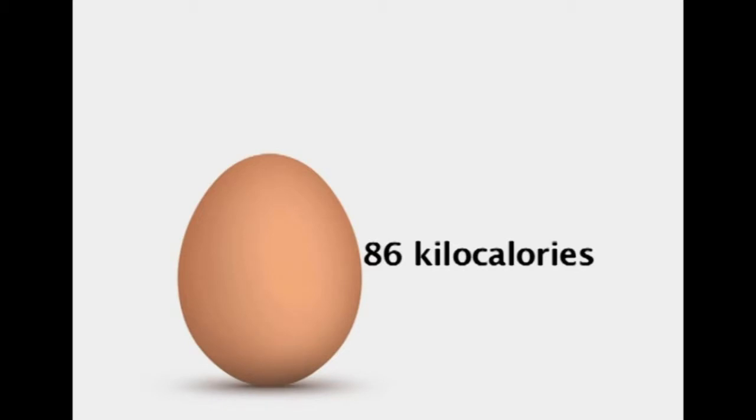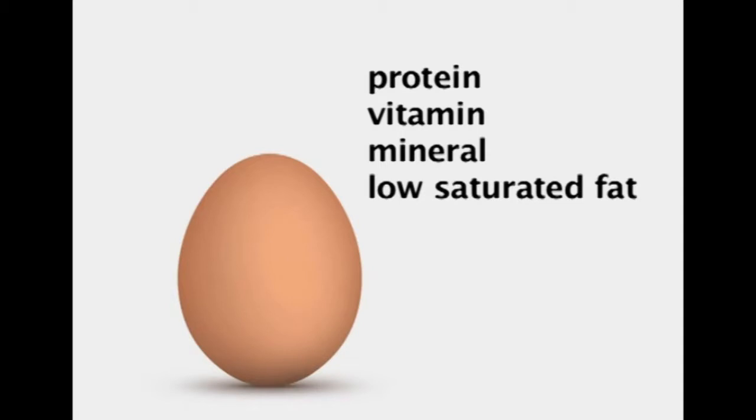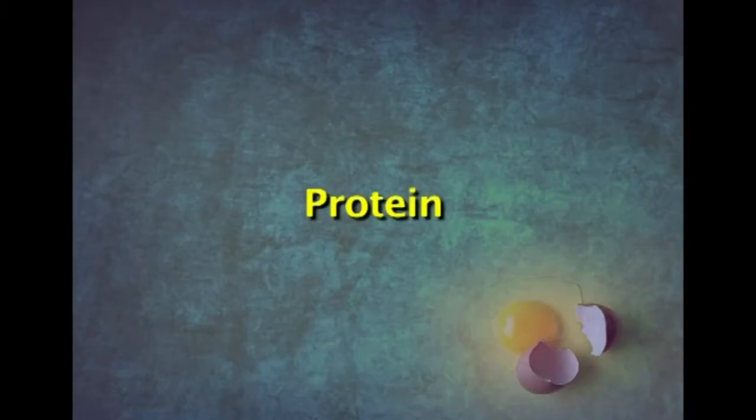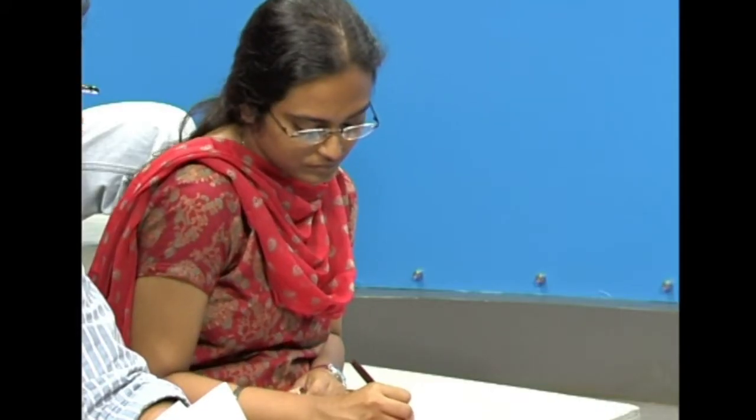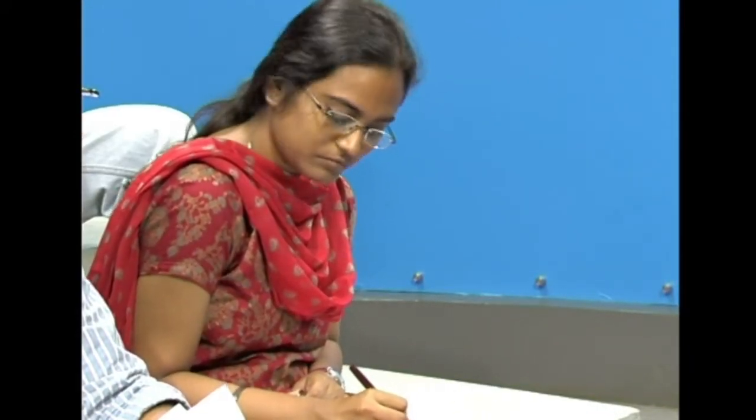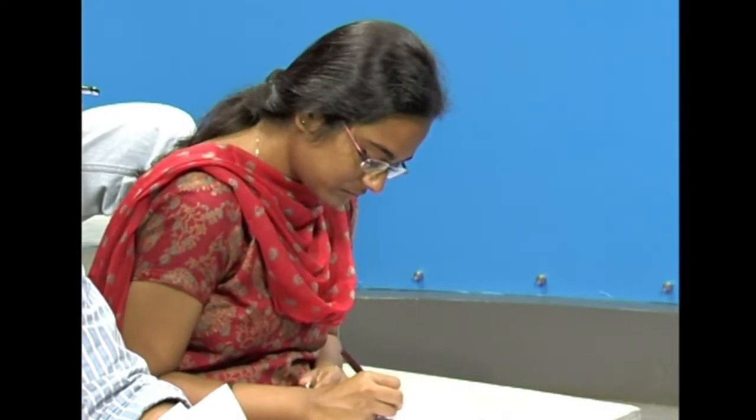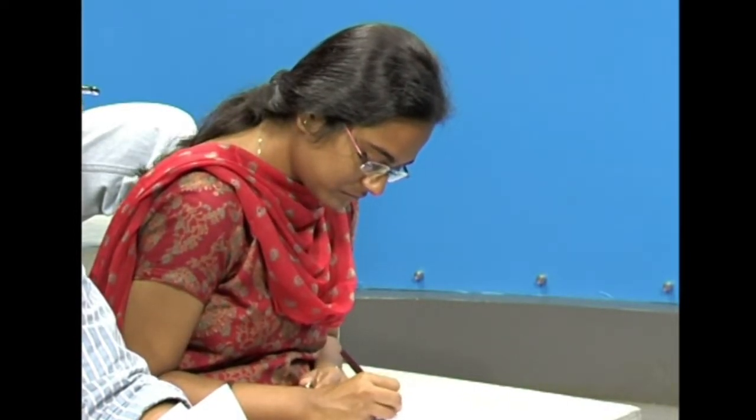With their significant protein, vitamin and mineral content and relatively low saturated fat content, eggs are a valuable component in a healthy diet. Now, proteins. Eggs are an excellent source of protein and contain about 12 to 14% of protein per 100 grams of eggs.